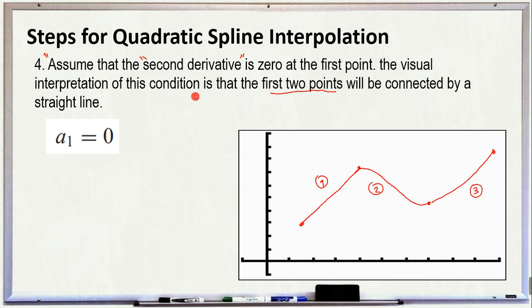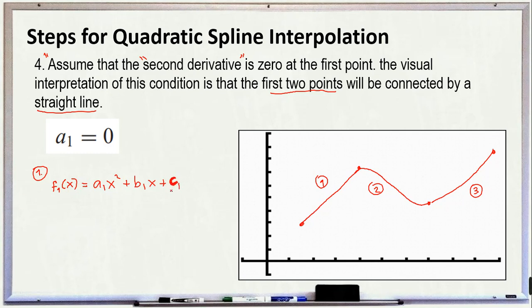And if we have that assumption nga ang first 2 points will be connected by a straight line, remember, our equation for the first quadratic spline is represented by f sub 1 of x is equals to a sub 1 x squared plus b sub 1 x plus c sub 1.